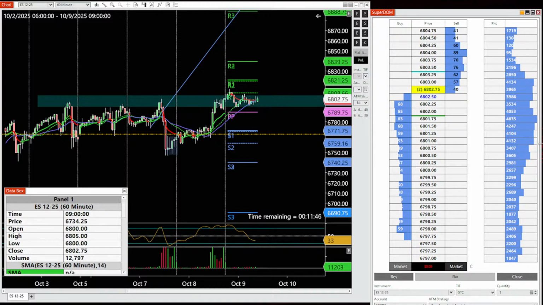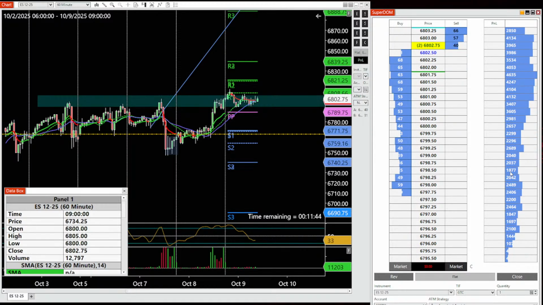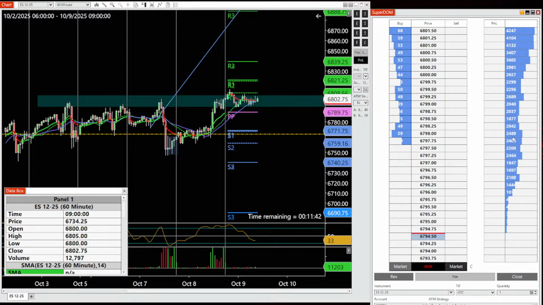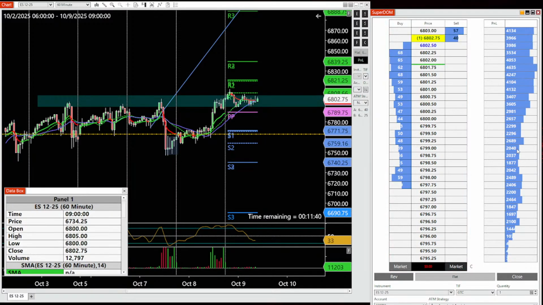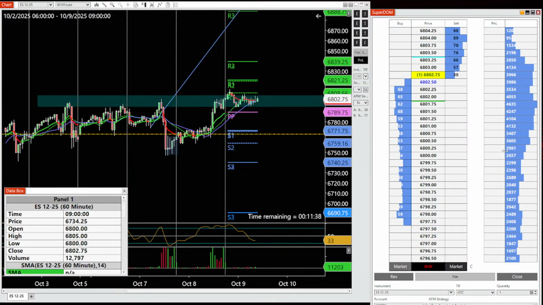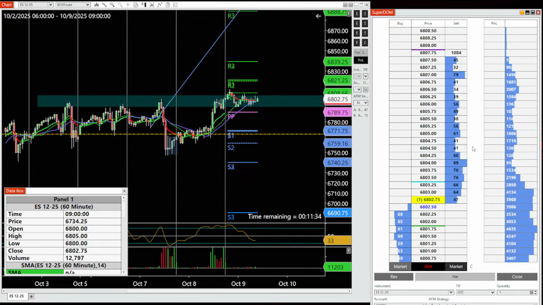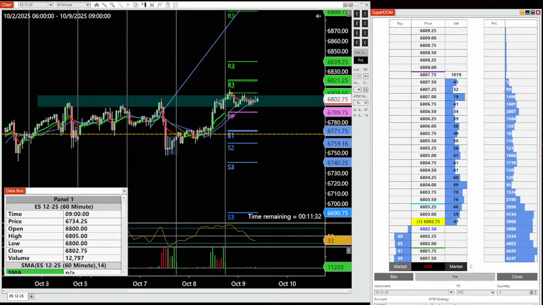We got a little bell curve here. Came down, had some orders in that 97. What we got above this, we came up, had a little curve in here, and yeah, what's that? 975.